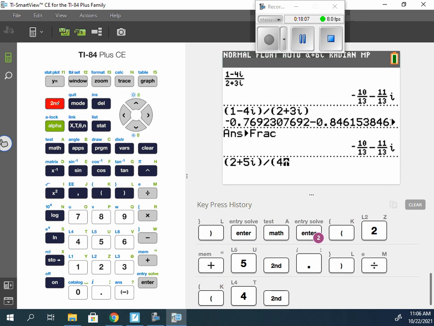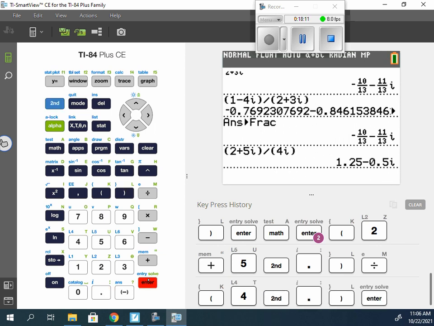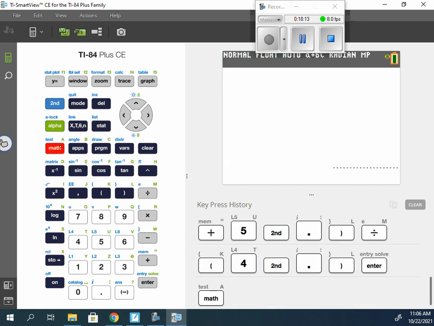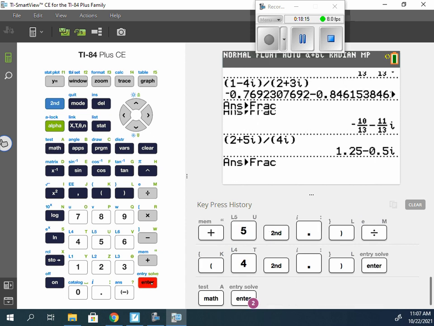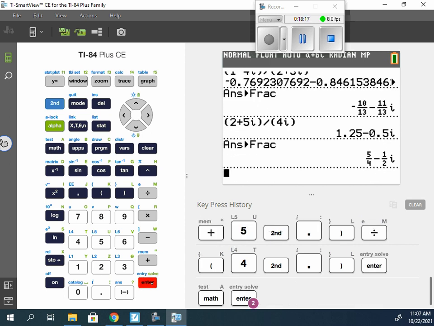Four second I, and then we can go math, enter, enter, and it'll tell us that it's 5/4 minus 1/2 I.